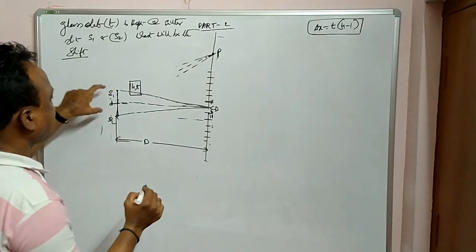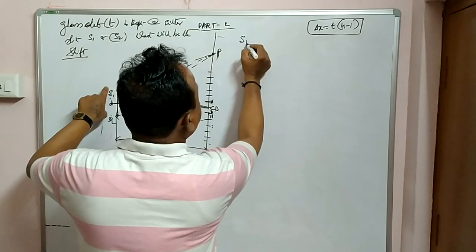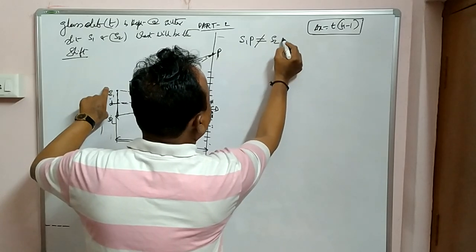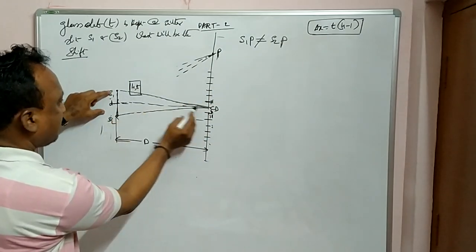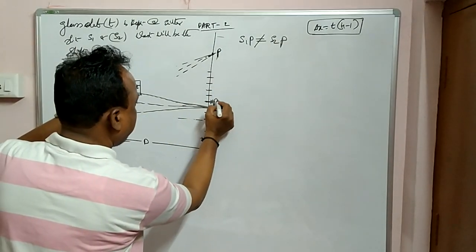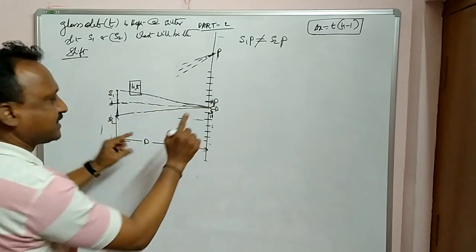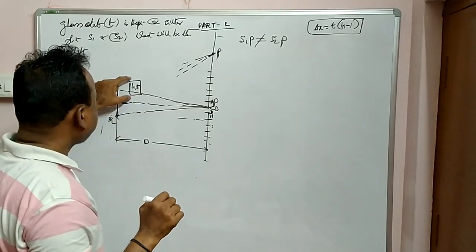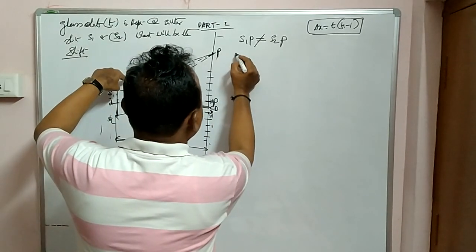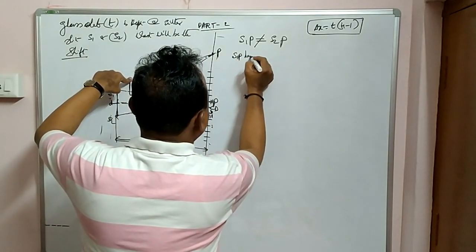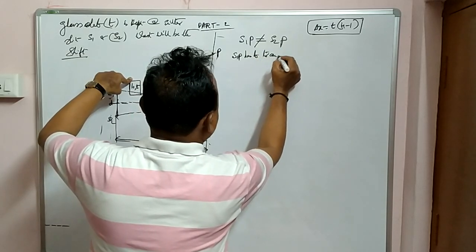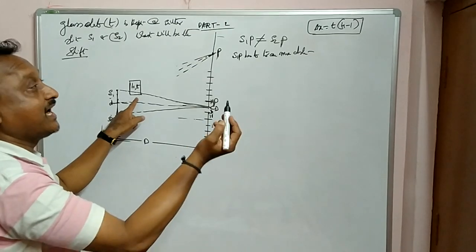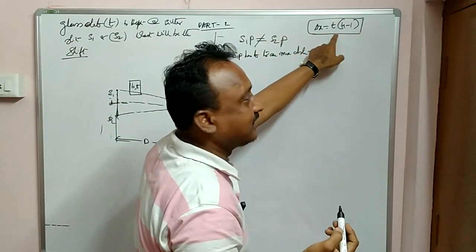Now observe this figure carefully. S1P is not equal to S2P. Geometrically, this is P for example. Geometrically the S1P distance is not equal. Why? Because this one has to travel more distance because of the obstruction, this much extra.